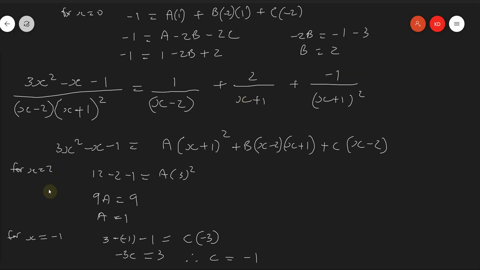Also, instead of writing plus negative 1 over x plus 1 all squared, we could just write a minus sign here. Good. So therefore this is how we would write this original fraction here in partial fractions.